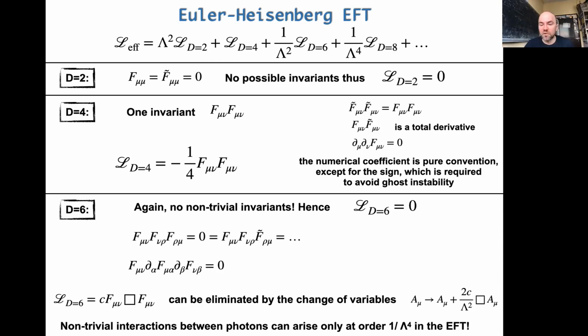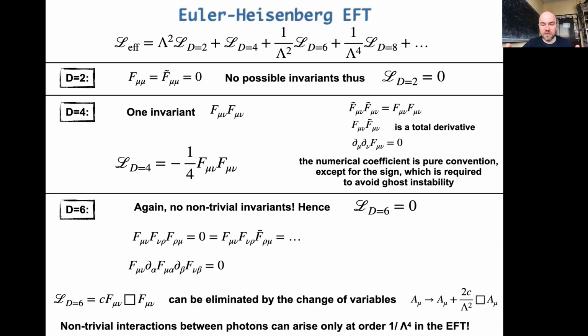Physics cannot depend on the change of variables, so any variables are good to describe the photon field, however you redefine it, it should be the same theory. That means this term doesn't have any physical content. So again, we can skip it.